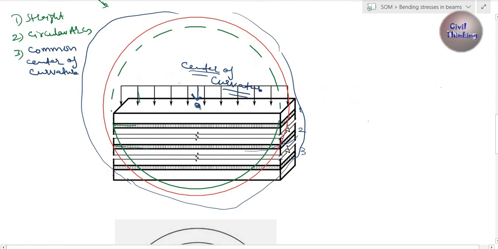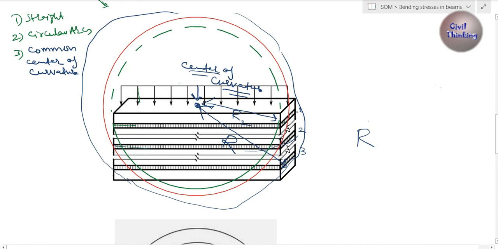Now if you want to know the radius of this, it is from here to here, right? And the radius of this green one is from here to here, whatever it is. Let the radii be r1, r2, r3, and so on; this is so much larger.